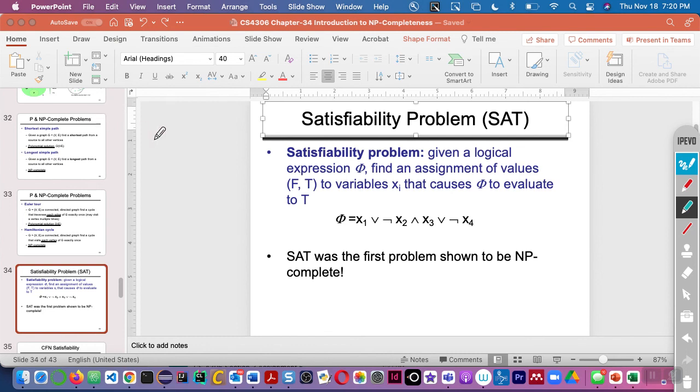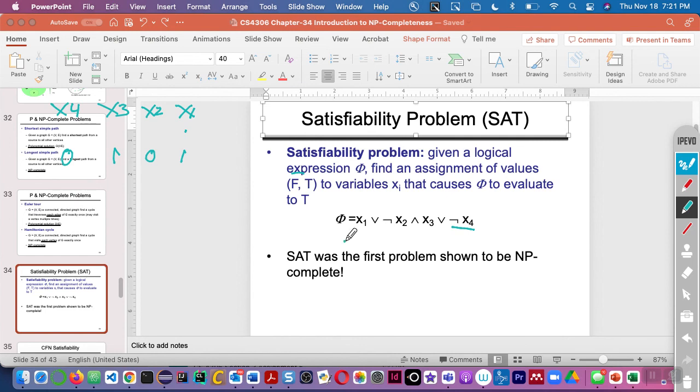For instance, if you have some logical switches, maybe x1, x2, x3, x4. Here x1 means this is 1, and x2 with a not symbol means this is 0. And x3 means 1, and the not symbol means, for instance, 0.